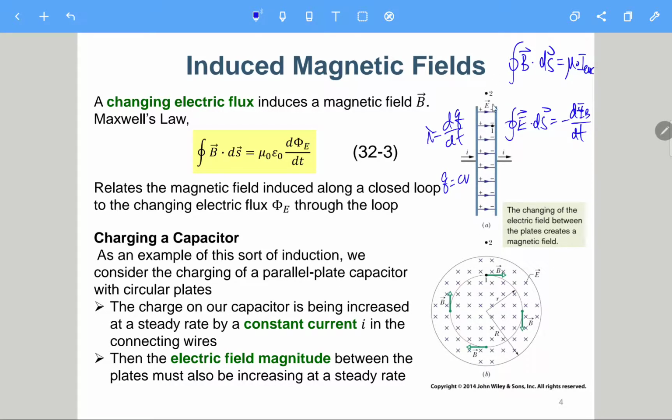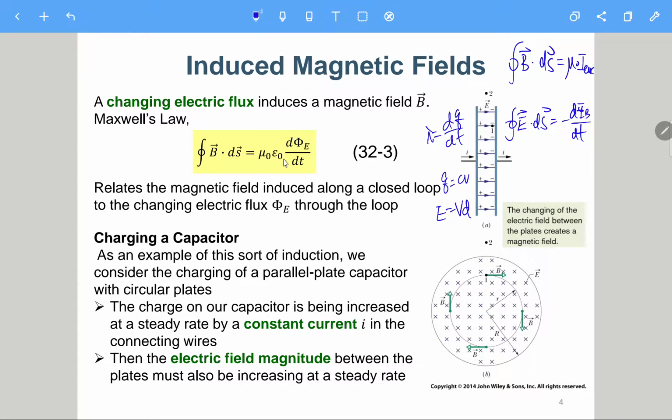And in that case, you also have E equals V/d, where d is the distance between the parallel plates. So as long as V is changing, E is also changing, which means that the E field between the parallel plates is changing, which means that the electric flux is also changing.